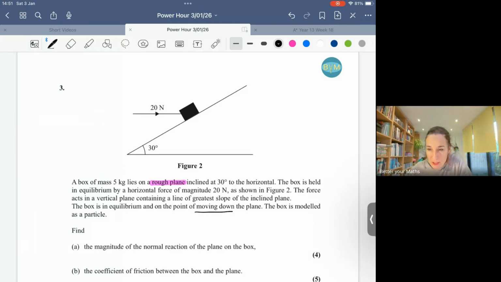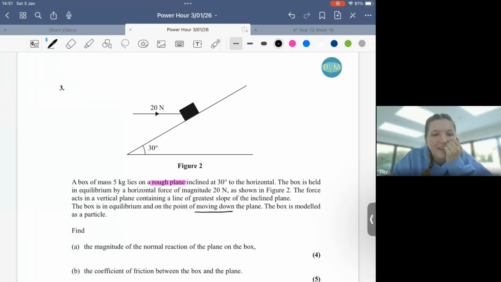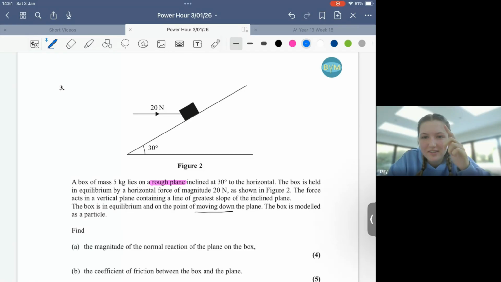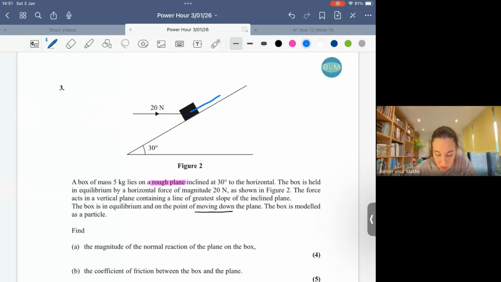What forces would you write? I'd probably say, well, there's friction. And if this thing is about to move down, in which direction will the friction be? It would be pointing upwards. Up the hill, and always parallel to the ground. So this is the friction. What happens with this one?